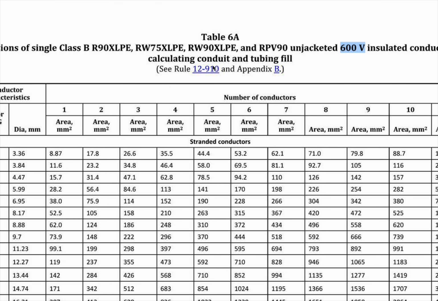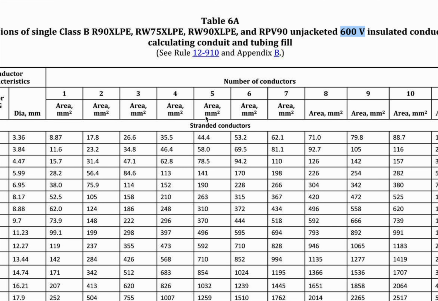After you find the correct table, you need to see how many wires or cables or conductors you have. For example, if you have 5 conductors of size 14 AWG, it is 44.4 mm2.